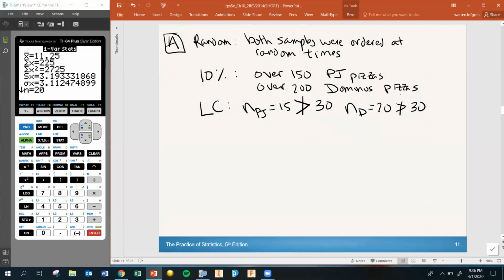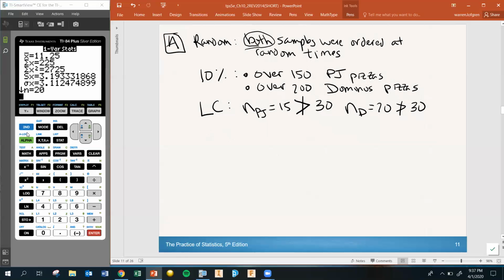So what do you do when the samples are small? Well, that's where you have to graph the data. So I'm going to go over to the calculator and I'm going to graph it. What I'm going to look for is that normal probability plot, and I got to do this for each one. Remember, each of these conditions up here, you have to look at, do you meet it for both samples? So we're doing it for Papa John's and doing it for Domino's for each of these conditions.